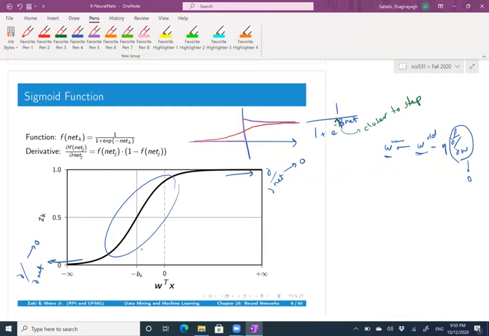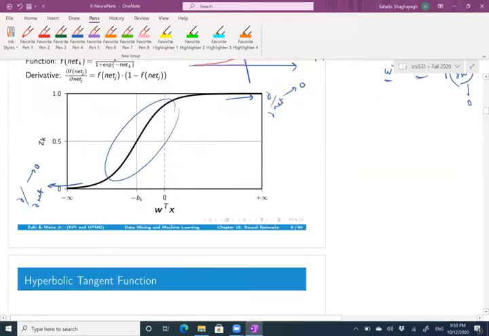So the problem of using the sigmoid function usually in deep nets is that as we get closer to the ends, we are going to see less and less updates, and we are going to get stuck. Okay. So that's one of the issues with the sigmoid function.